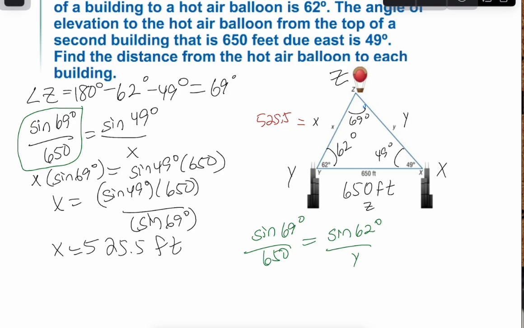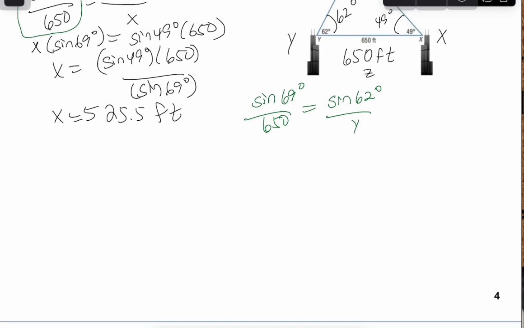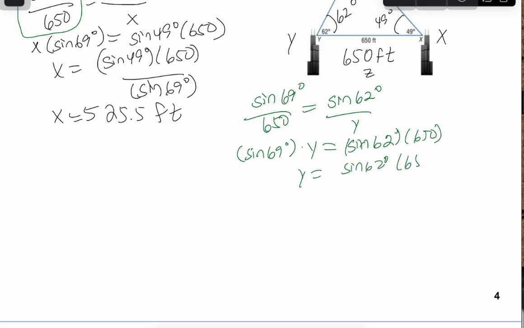Cross multiply, then divide, same thing every time. And so to solve that, I know that the sine of 69 times Y should be the sine of 62 times 650. So Y is the sine of 62 times 650 over the sine of 69. Okay, so let's put that into our calculator.